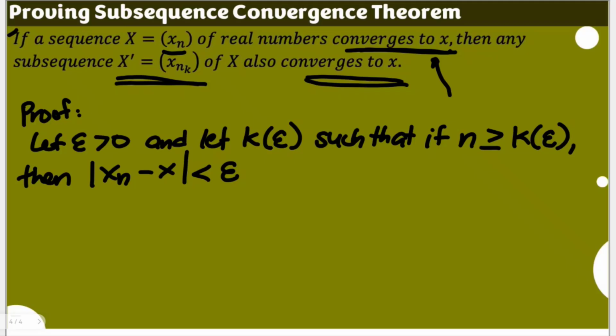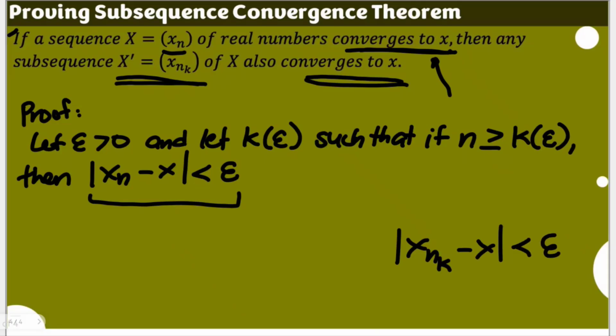We need to show later on that this is also true for x sub n sub k minus x: it should also be less than epsilon, so that the limit of the subsequence is also x, as this is what we're trying to show here. So we will go to that later.